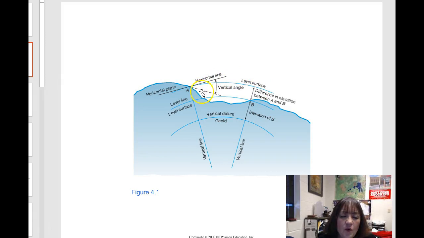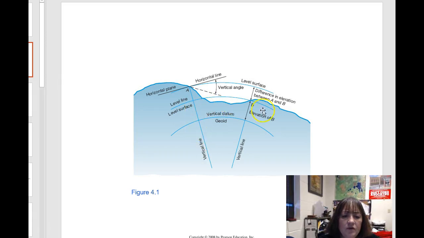So in addition to talking about horizontal lines, we also talk about level surfaces and level lines. A level line is actually a curved two-dimensional geometric shape, and a level surface is the three-dimensional projection.